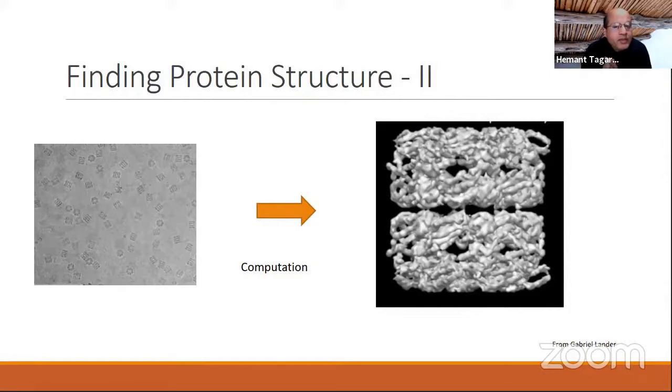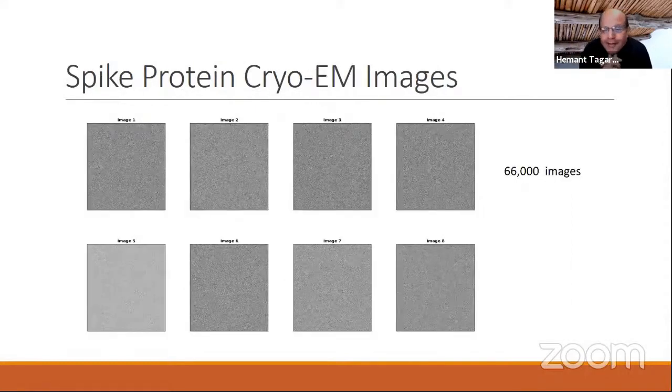These spike proteins are really tiny, and we get images that look like this, which are really, really noisy. So that's the computational challenge: to take these images and from that reconstruct something that's reasonably high resolution and meaningful.